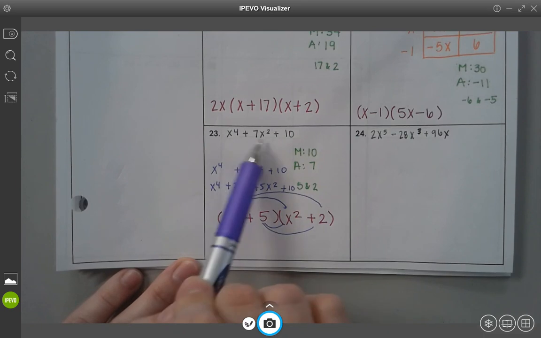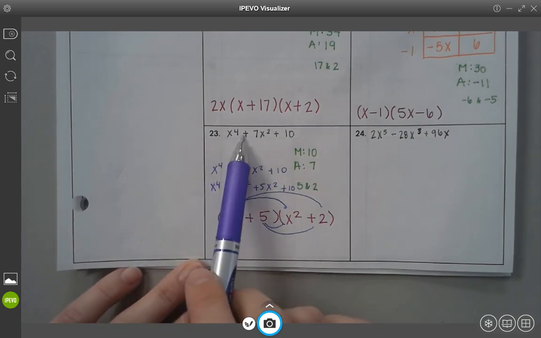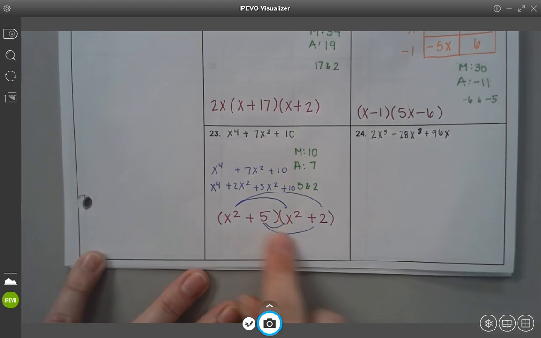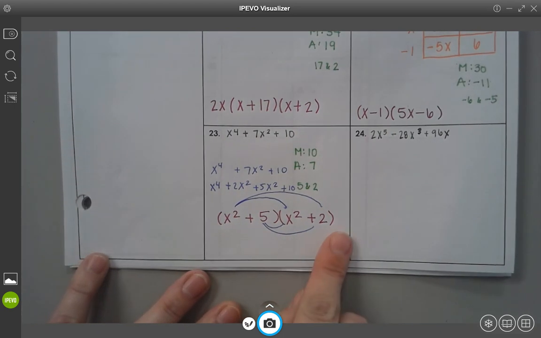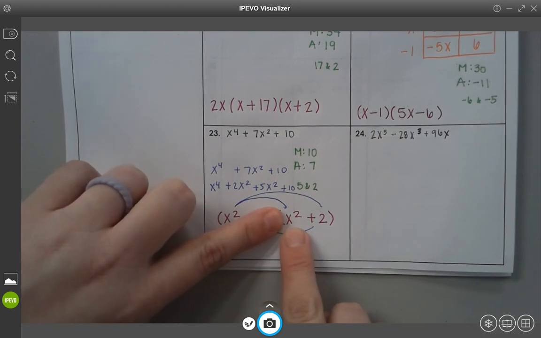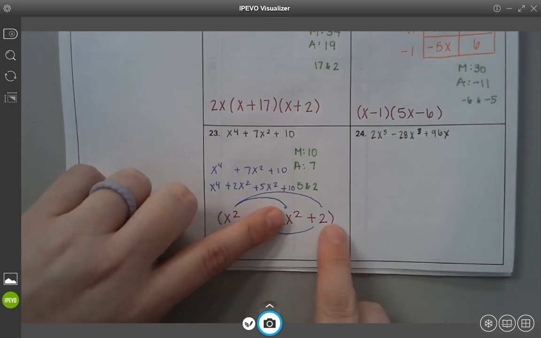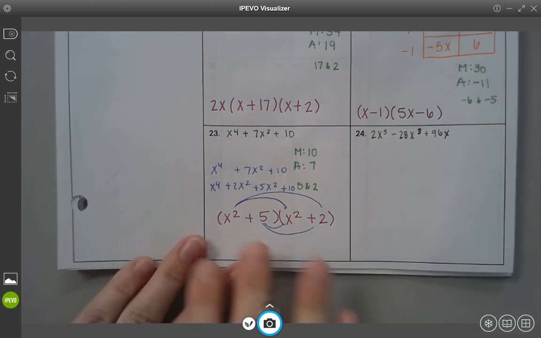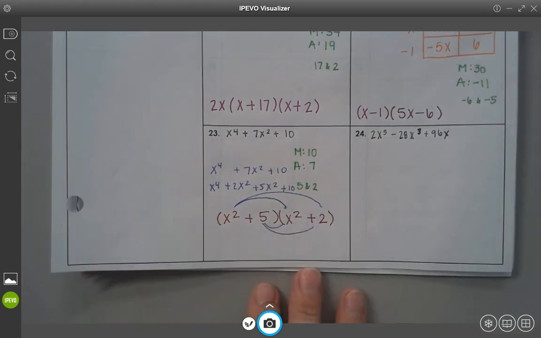So you'll see some of those. A lot of the questions that are like this, whenever you get your factors, one of your factors will be a difference of squares. So if this had said x squared minus 9, that would have been a difference of squares. So we will start doing some examples where you factor it one way and you can still factor it again. And you'll have to factor as many times as you can.